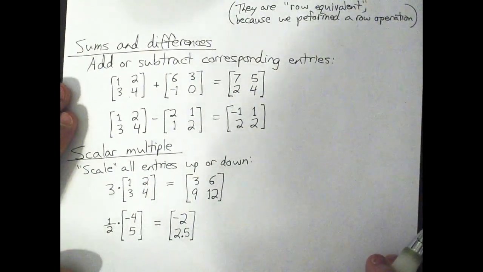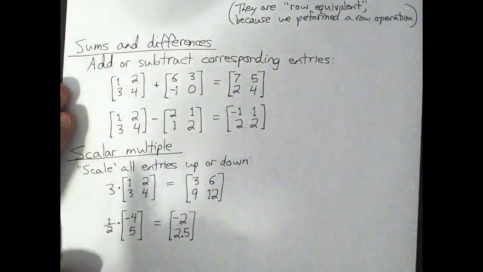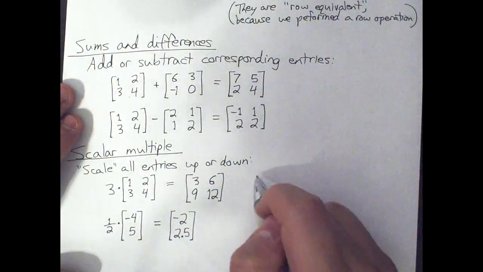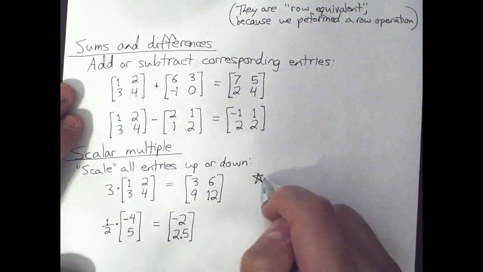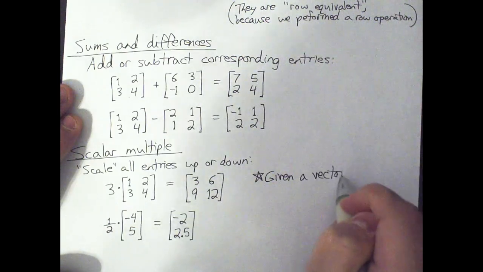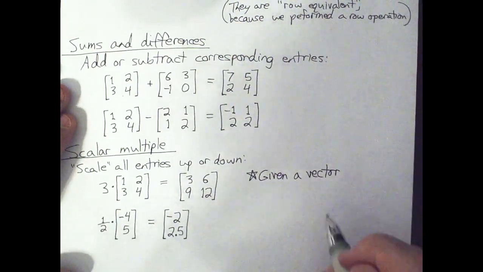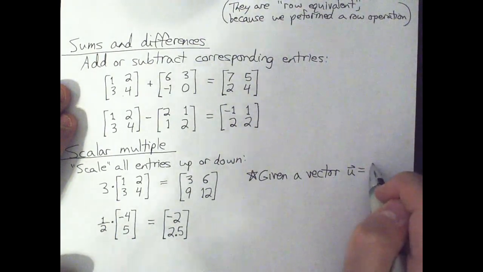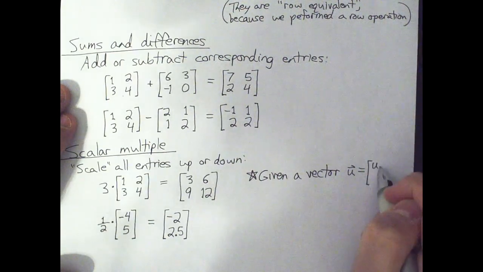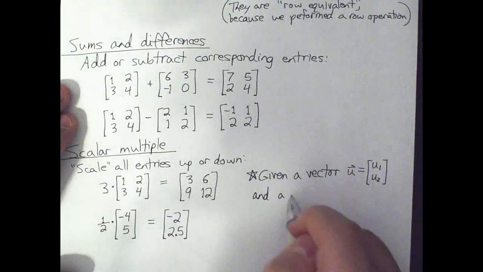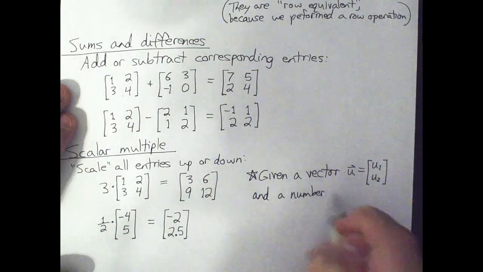On the topic of doing scalar multiples, we might refer to this as scalar multiplication. Got a little bit of terminology I'll just say over here. If we're given a vector, and let's try to be general now for this little side note, let's say the vector is u, and let's say it consists of two entries, u1 and u2, which are just real numbers, and a number lowercase c.